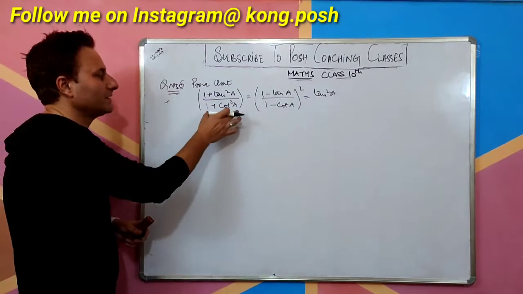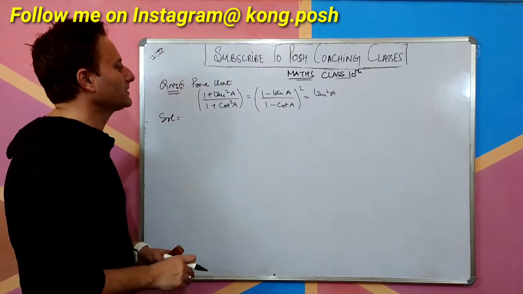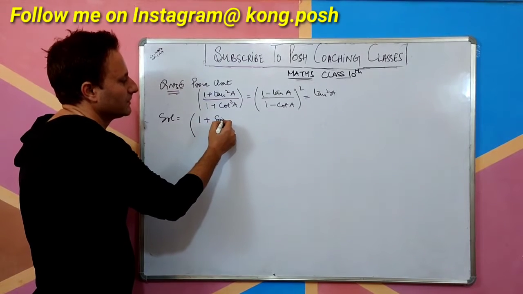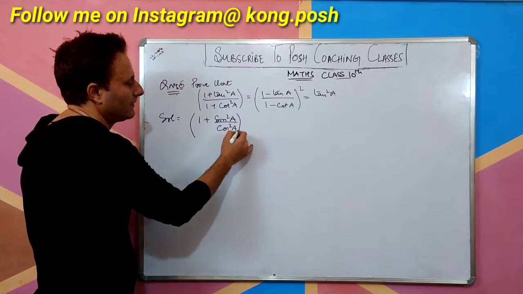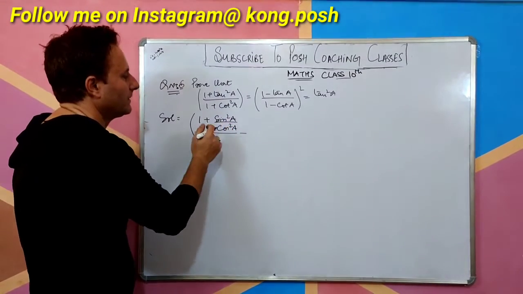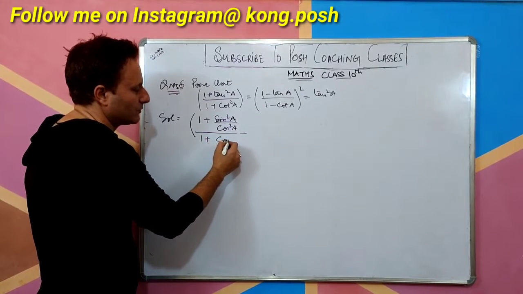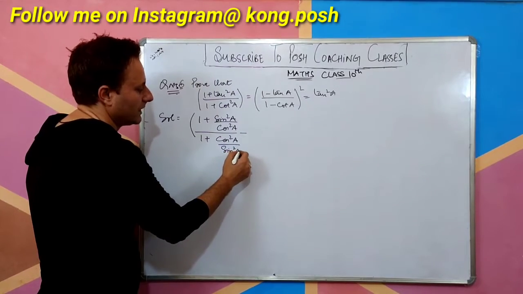So let us take this one first. It says 1 plus tan square A. So what I can write is, I can write 1 plus sine square A upon cos square A whole divided by 1 plus cot square A is equal to cos square A upon sine square A.